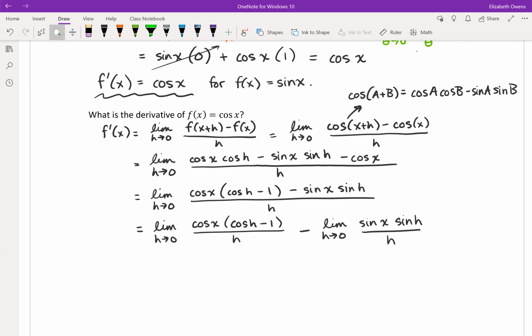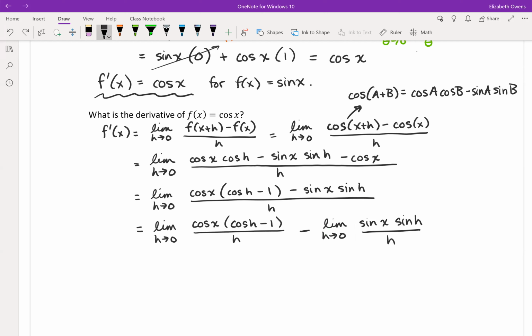I split our single fraction into two different fractions, this fraction and then minus this fraction. But then remember that if you're taking the limit of subtraction, you can take the limit of each term and subtract those limits. So I went ahead and applied this second limit right here on that second term.